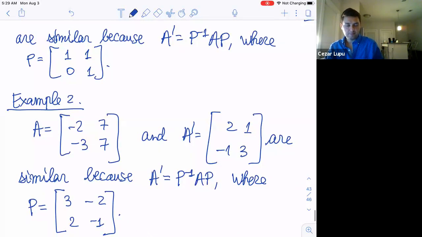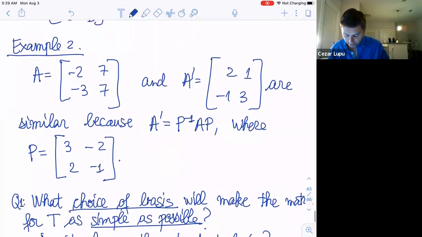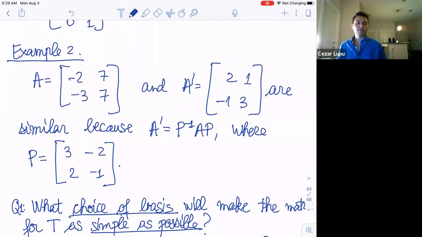Again, now I want to answer the following question. This is a very important question. I'm going to be a bit vague with the first question, and when I address the second question, I'll be more precise. So the first question is: what choice of basis will make the matrix for my linear transformation T as simple as possible? I want to choose a basis so that I can write this matrix as simply as possible.